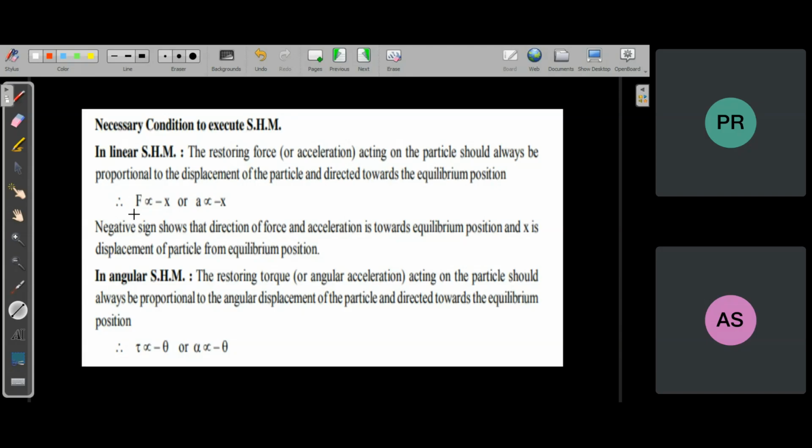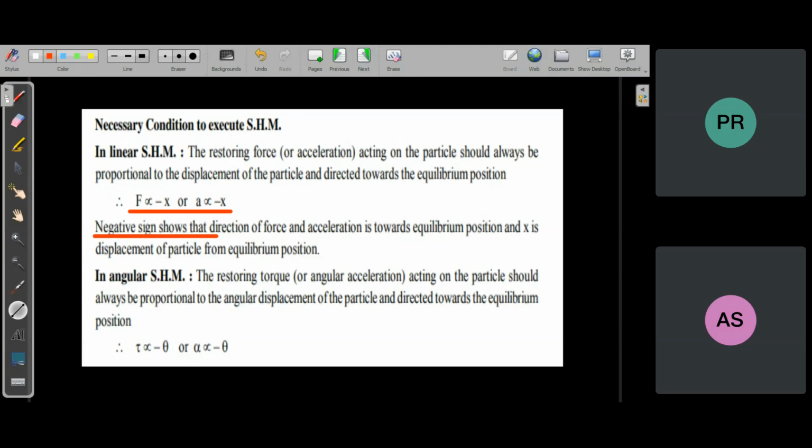So if the displacement from mean position is in the right direction, then the force direction will be in the left direction, opposite. Also, you can understand that force is always directed towards the mean position. At any instant of time, the restoring force acting on the particle is always directed towards the mean position. And the same goes for acceleration.